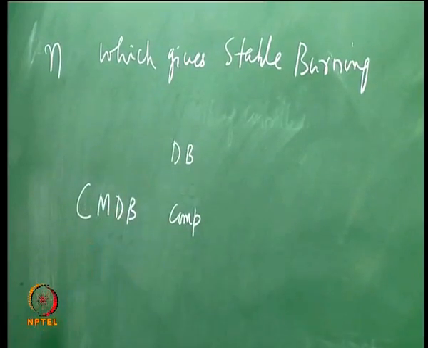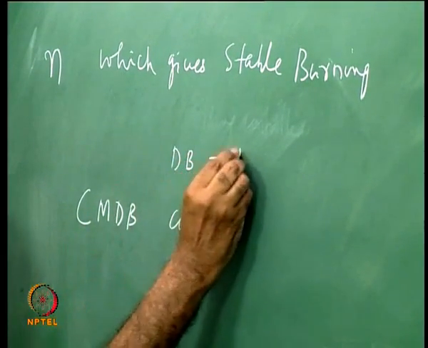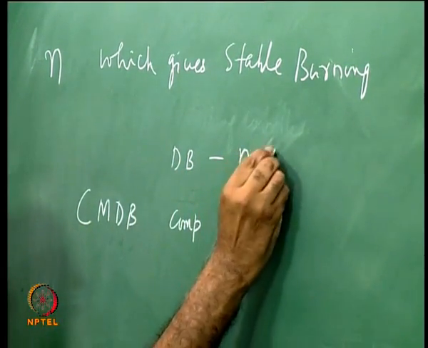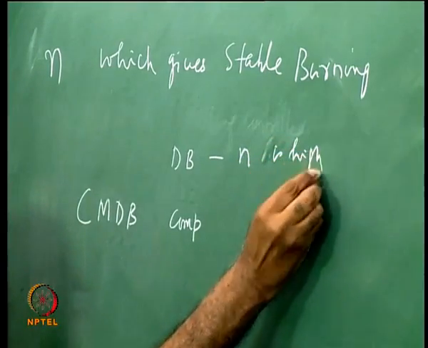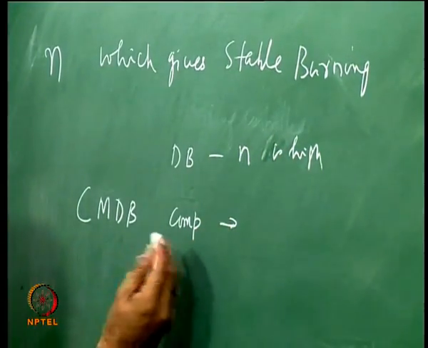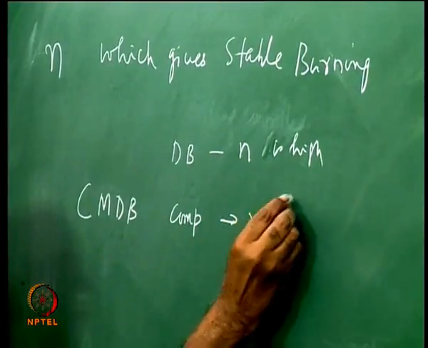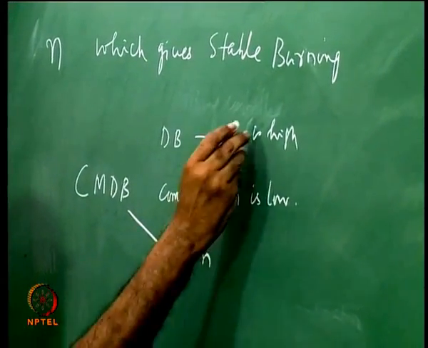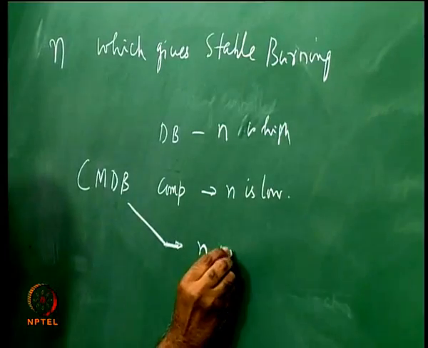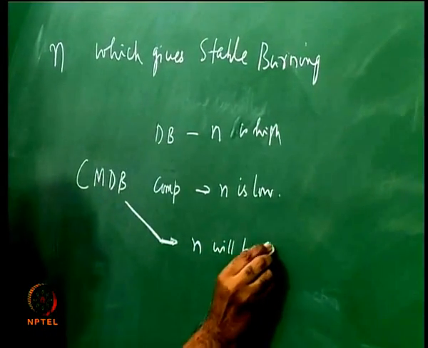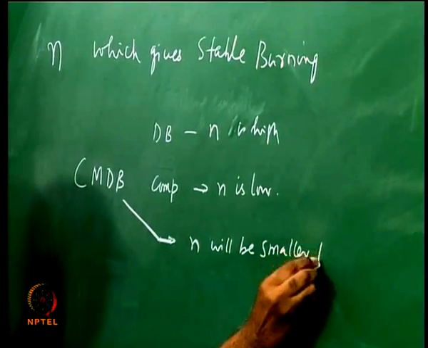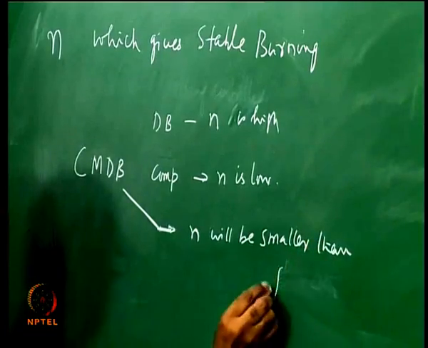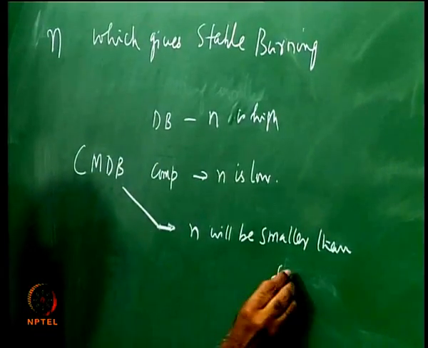For double base it is all premixed, therefore n is high. For composite at the regions of interest n is low, therefore for composite modified double base n will be smaller than for double base.